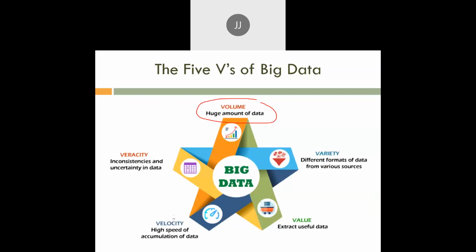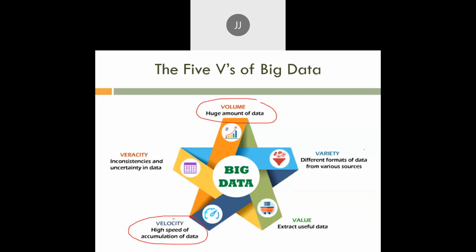We also have velocity, a high speed of accumulation of data. Every day we have postings in social media. Every day we have data from sensors. All of those come in at high speed, so we call it velocity. All data with high velocity is also considered big data.